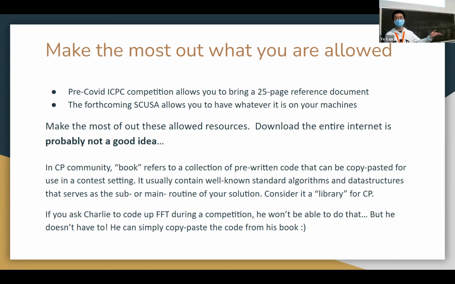So consider it a library for CP. When you solve a lot of problems, you'll see similar subroutines pop up over and over again. If you see such a piece of code, it is very helpful to extract that piece of code and put it inside your book.